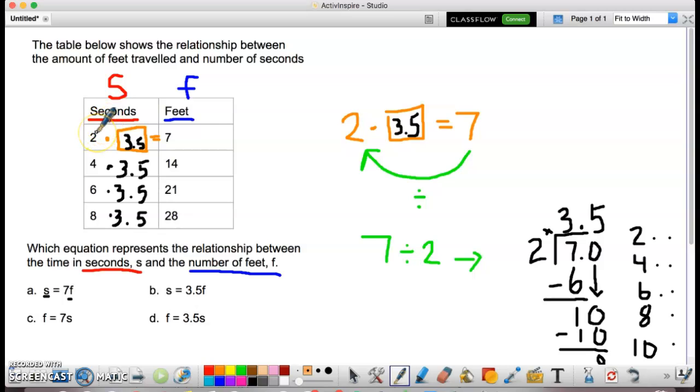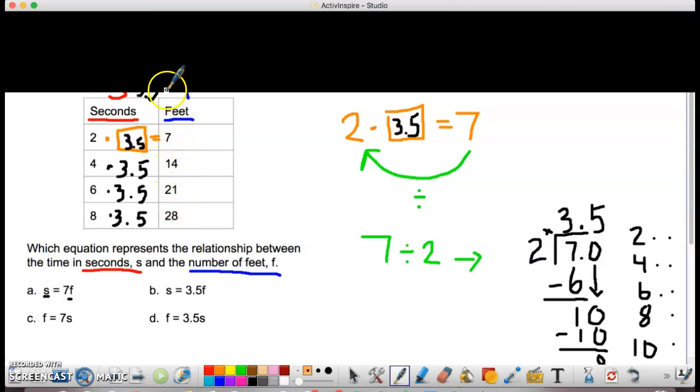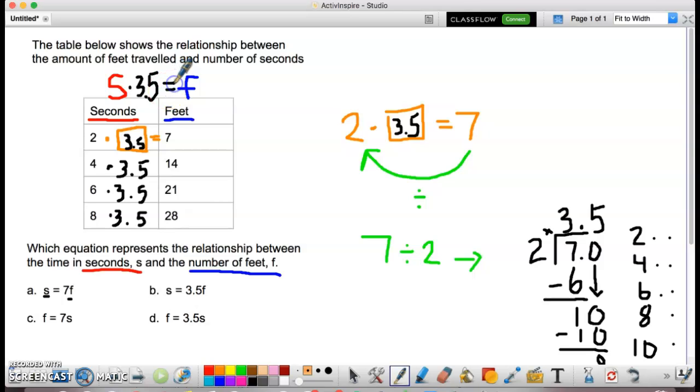So what I'm really doing is multiplying the seconds by 3.5. This is why writing the variables on the top of your table is very helpful. S times 3.5, or the seconds times 3.5, is equal to, well, 7, 14, 21, and 28 are all the number of feet. So it's going to equal the number of feet. So I'm going to be looking for an equation that multiplies S times 3.5 and it equals F.